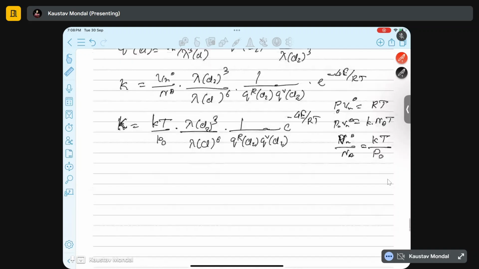Okay. Now the lambda is the thermal wavelength. Lambda is given by h by 2 pi m kT to the power half.